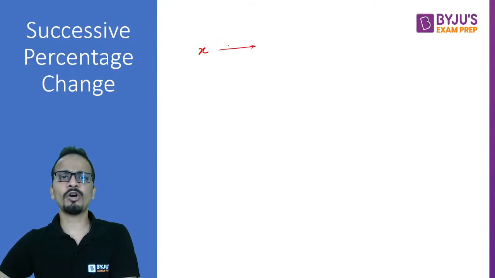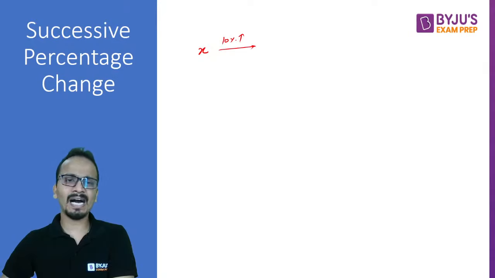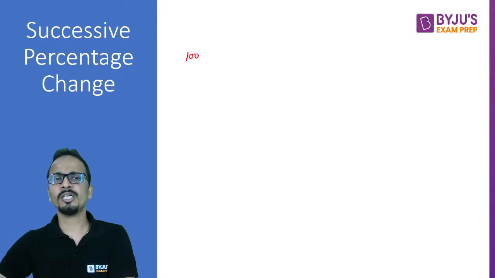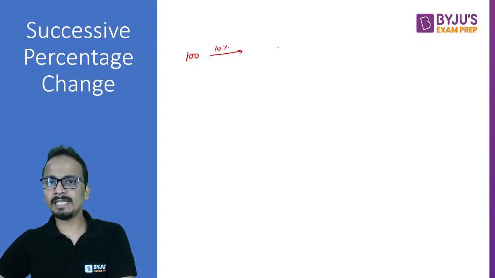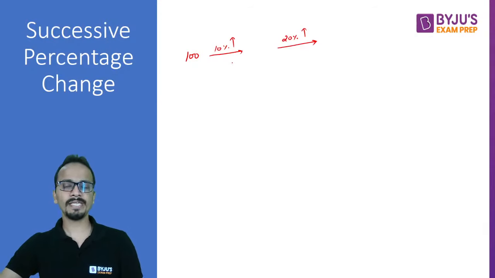Or instead of x, let's consider 100 as the base. First of all 100 is increased by 10%, and then the value obtained is further increased by 20%.